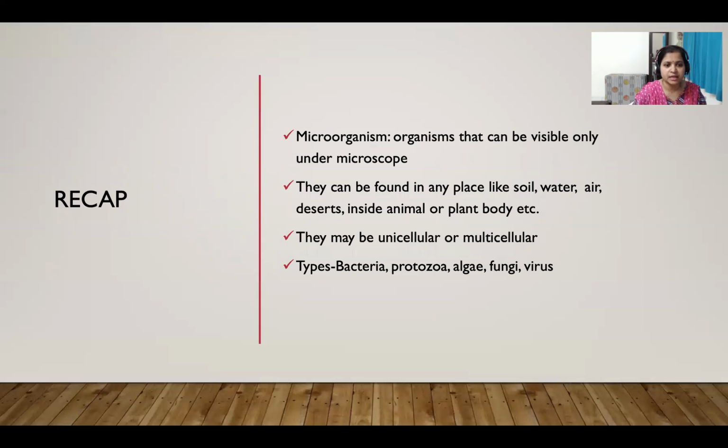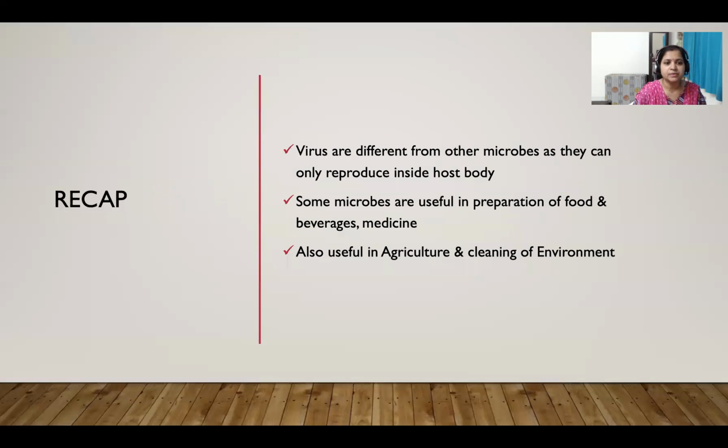For example, there are different types of microbes: bacteria, protozoa, algae, fungi, and virus. Then viruses are different from any other microbes, as they can only reproduce inside the host body. Some microbes are useful in preparation of food and beverages, in preparation of medicines, and some help us in increasing the soil fertility, and they also help in cleaning the environment.